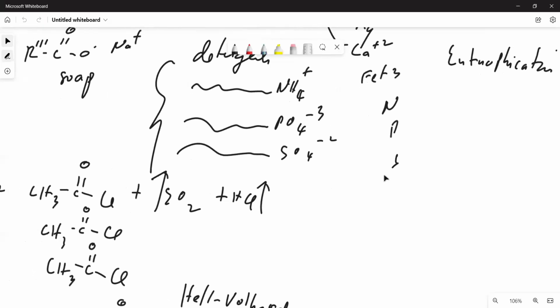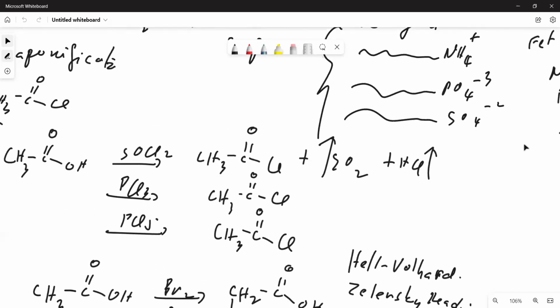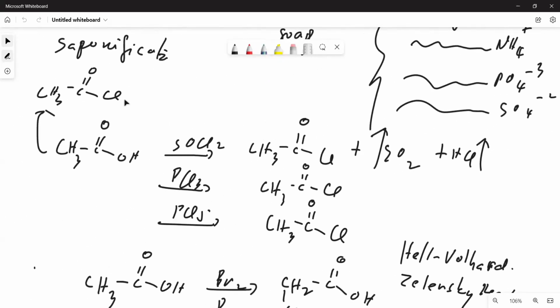Now, if you use acyl halide to synthesize all the carboxylic acid derivatives, it's quite expensive. And as I've said, carboxylic acid is cheaper. So we can synthesize acyl halide from carboxylic acid using three types of reagents.